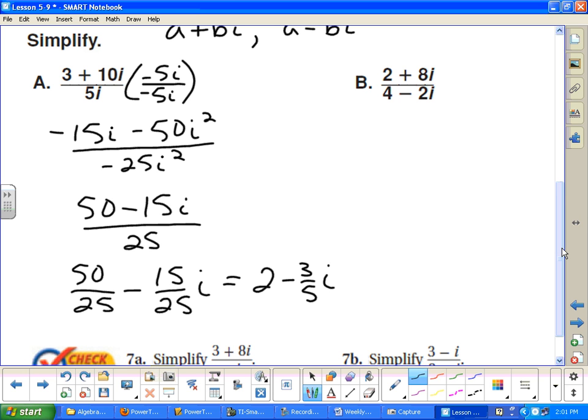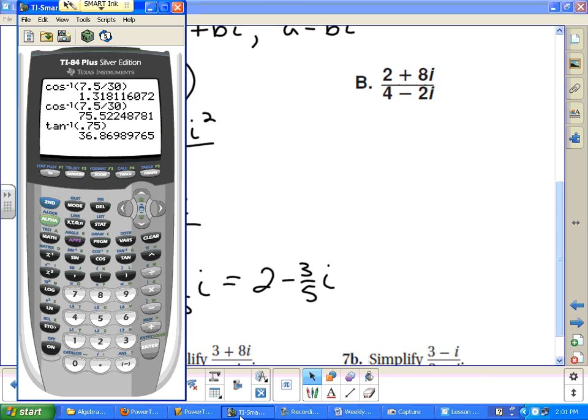Take your calculator. I'm going to show you how to do letter B the easy way. You guys all know how to use your calculator to divide, right? How do you use your calculator to divide? Well, what if I have 2 things in the numerator and 2 things in the denominator? What do I have to do?